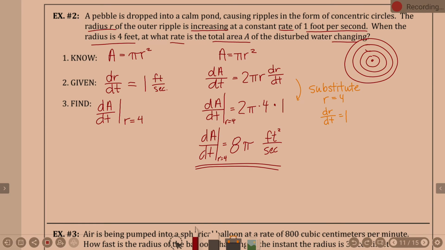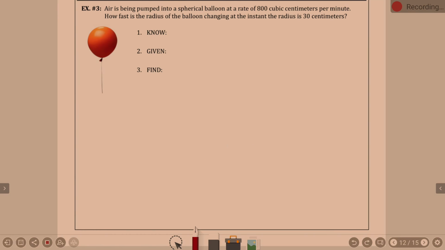Okay. Air is being pumped into a spherical balloon at a rate of 800 cubic centimeters per minute. How fast is the radius of the balloon changing at the instant the radius is 30 centimeters? Okay. What do we know? What are we finding?